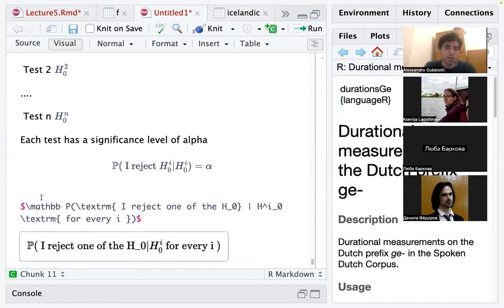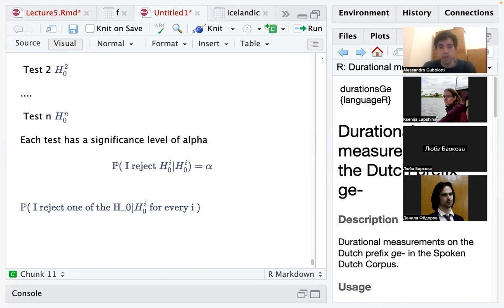But if we do many of these tests, this probability will be in general greater than alpha.